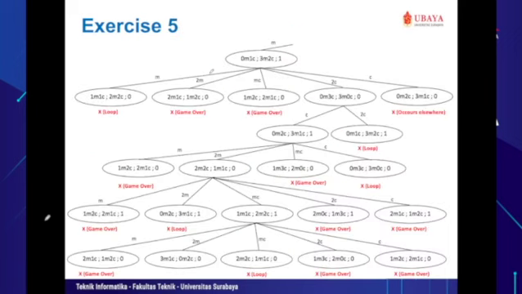Let's see exercise 5. We're back again to the missionary and cannibal problem. However, in this case, you are asked to solve this problem using the breadth first search or BFS algorithm. Okay, so continuing from the previous example in last week's video.